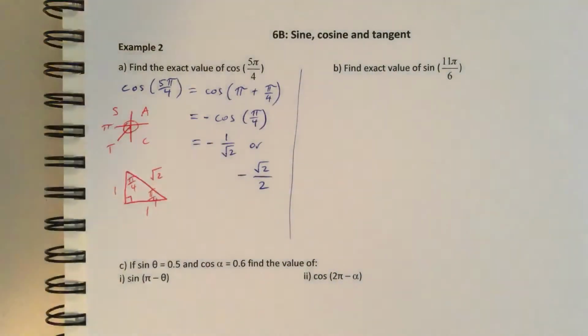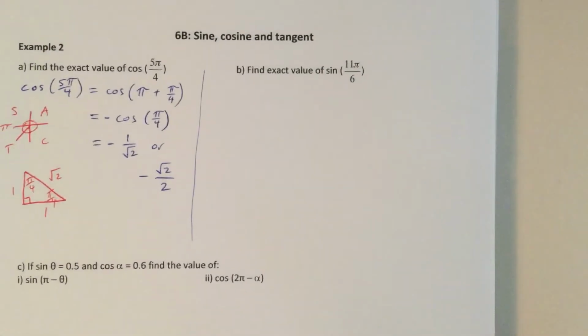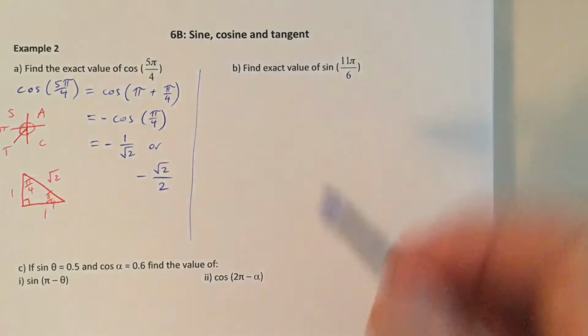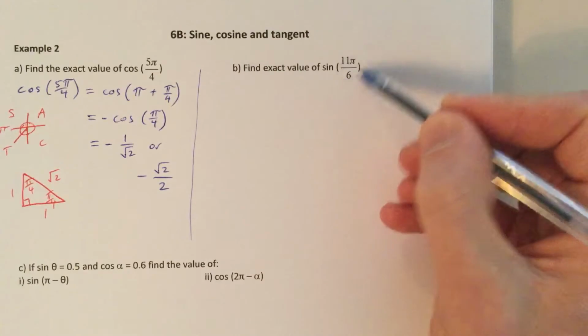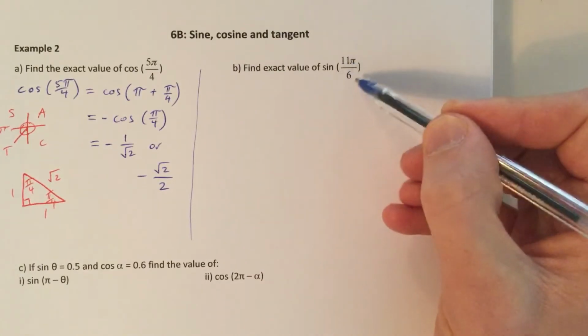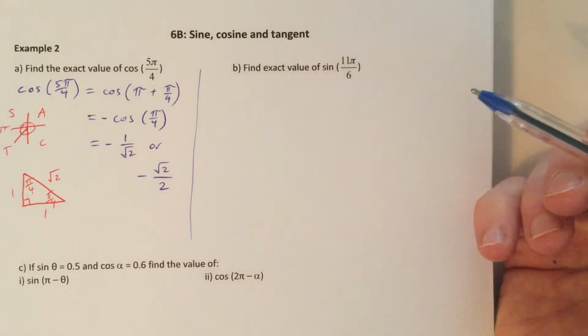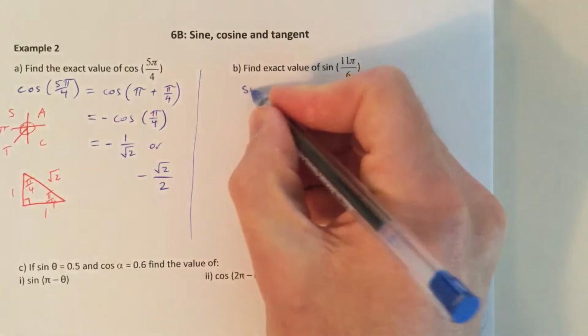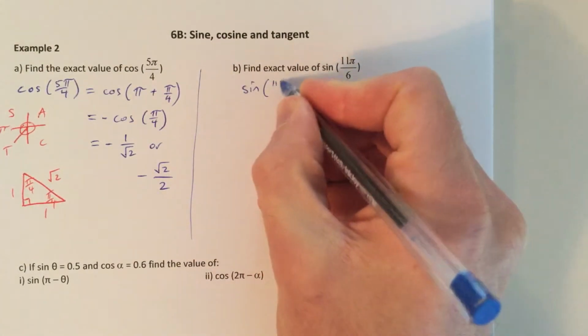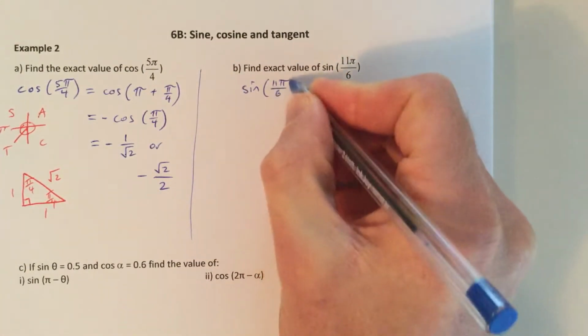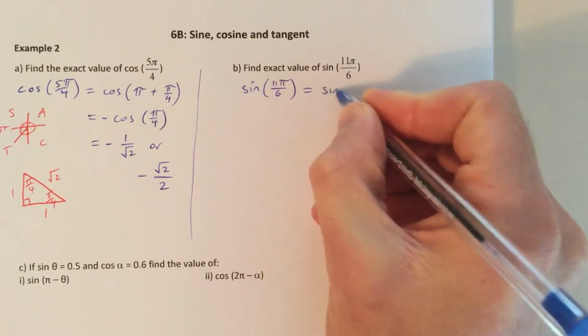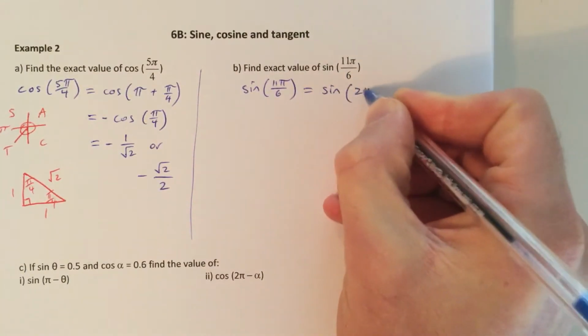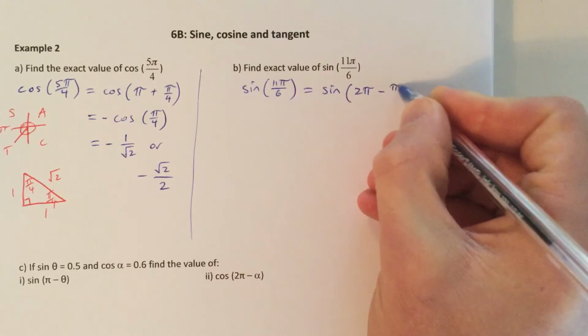All right, next one. Find the exact value of sine of 11 pi on 6 is a pretty similar one. Here, we'll notice that 11 pi on 6 is just a bit less than 2 pi, because 12 pi on 6 would be exactly 2 pi. So we can start again by rewriting our angle, 11 pi on 6, as this time 2 pi minus pi on 6.